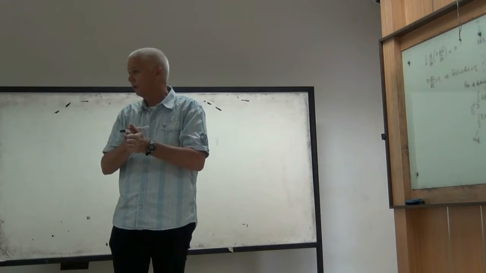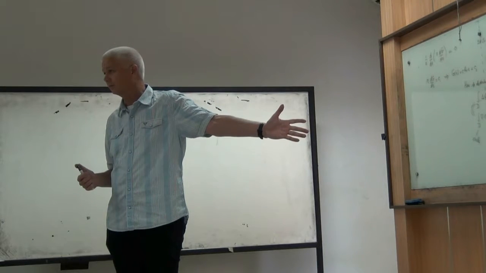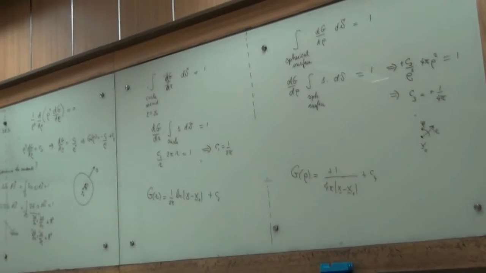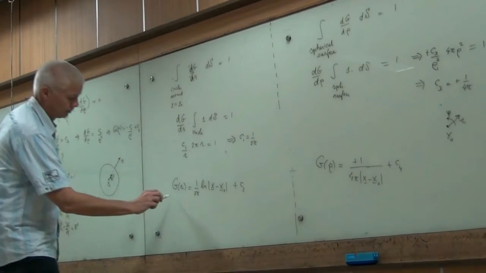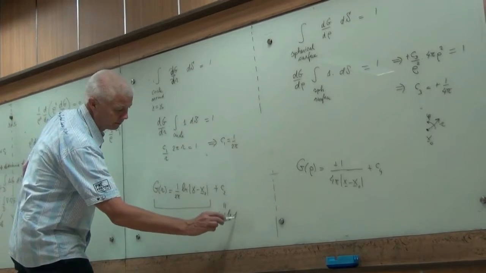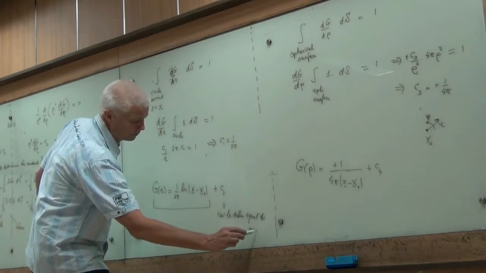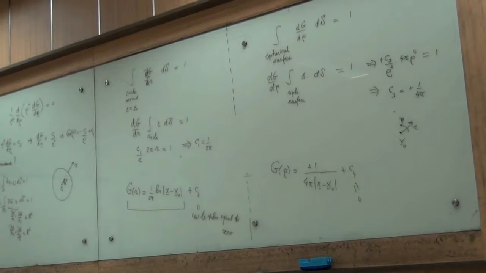I would like to have a Green's function. Only one. So C2 and C4 I can leave out if I wish, without any problem. I'm only interested in a Green's function. So here I have a Green's function in R2. Take this equal to 0, and similarly this one can be taken equal to 0. I'm only interested in one function. Okay.